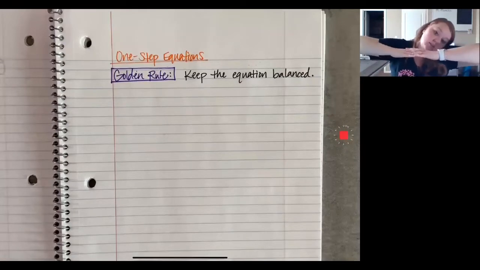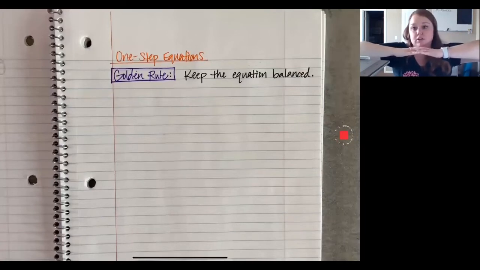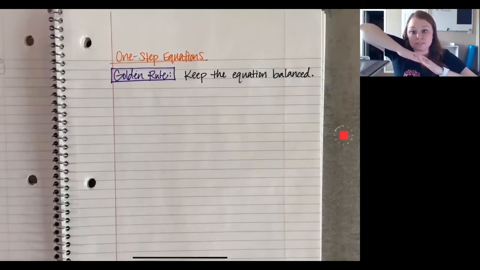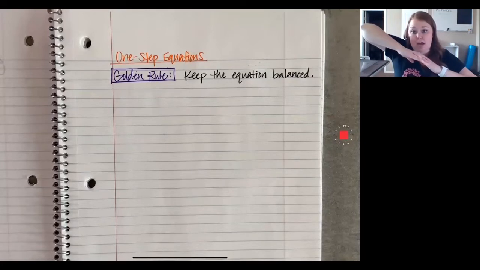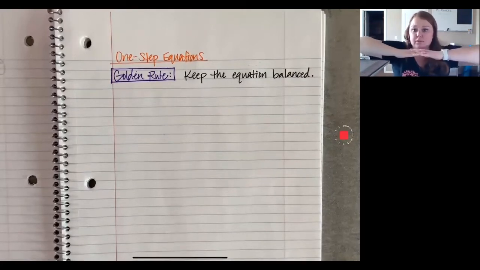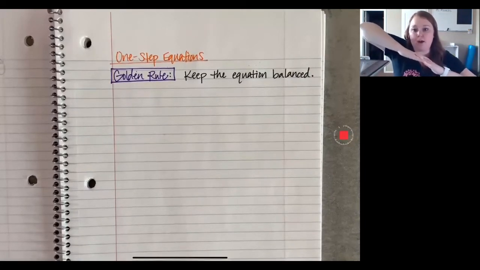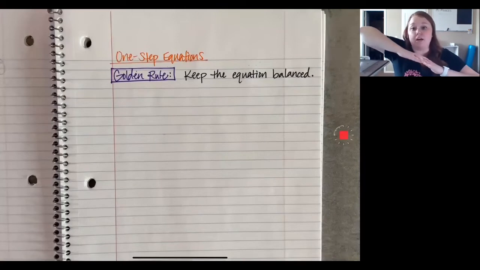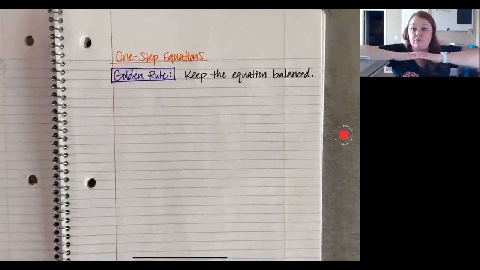If I sit on this side, what's going to happen to the teeter-totter? Does it go up or down if I sit on that side? It goes down. How would I get it back in balance? There's two ways. I could get off the teeter-totter, but maybe I don't want to. How could I get it back to being equal or balanced? Well, you'd have to put something over there of the exact same weight as me, right? To get it back to level.